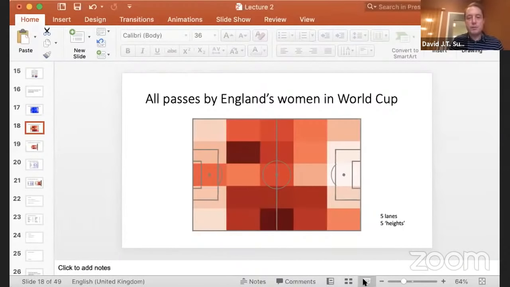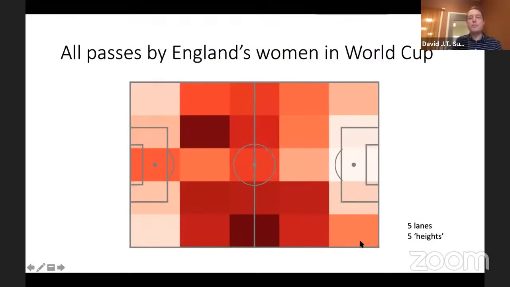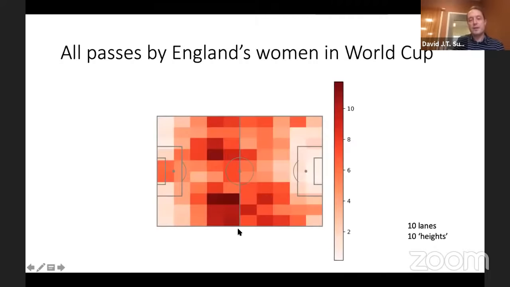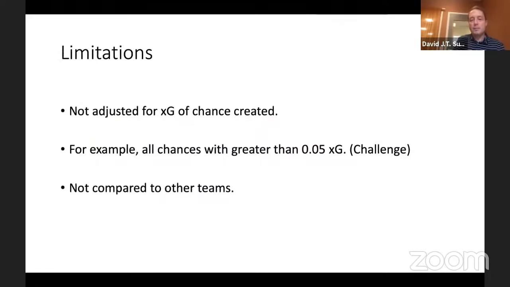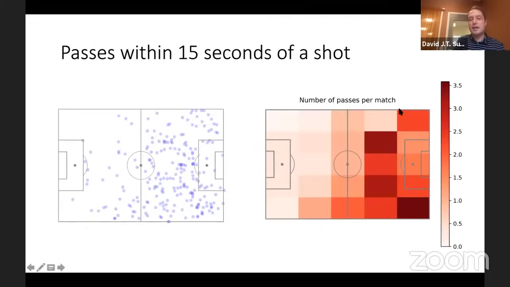When I showed you this, all passes by England's women in the World Cup, you see that lots of passes occur here in the first third. But when we move on to passes within 15 seconds of a shot, you see that most of the passes are up here. And so this means that these passes are more important and are dangerous.